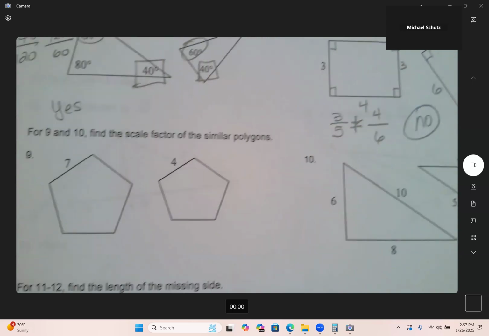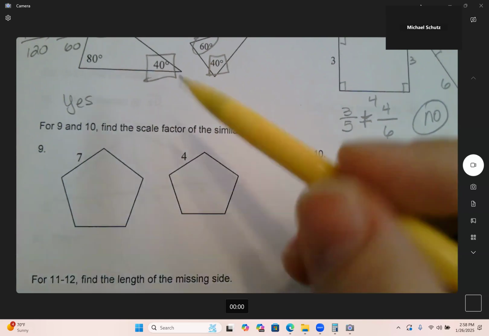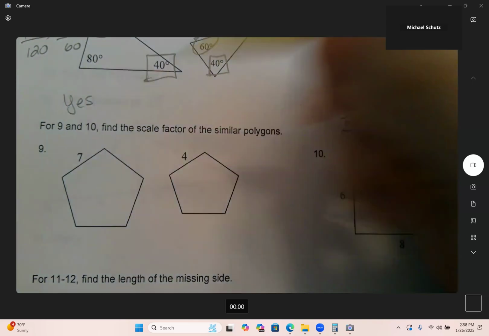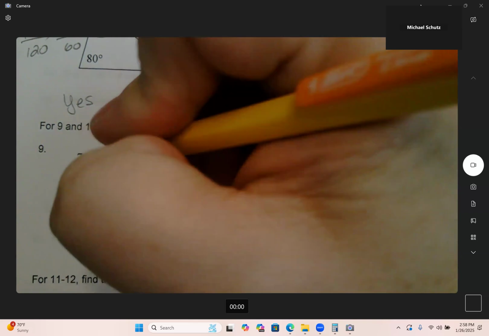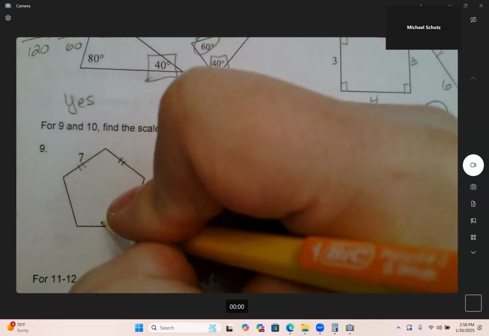All right, it says on numbers 9 and 10 to find the scale factor of the similar polygons. So I'm assuming this is, they didn't really tell us this, and they really should have done so, quite frankly. So let's go ahead and add this to the figure.